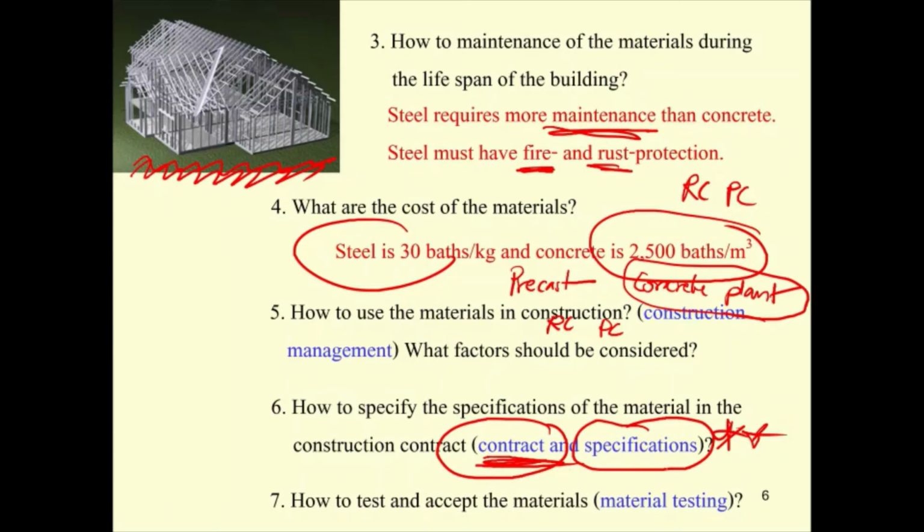And the last one: if you have a specification, you have to test it. For example, if you use FE24 steel following Thai Industrial Standard 119, and you buy steel, for every 10 tons you have to collect at least 3 to 5 specimens and send them to the lab.